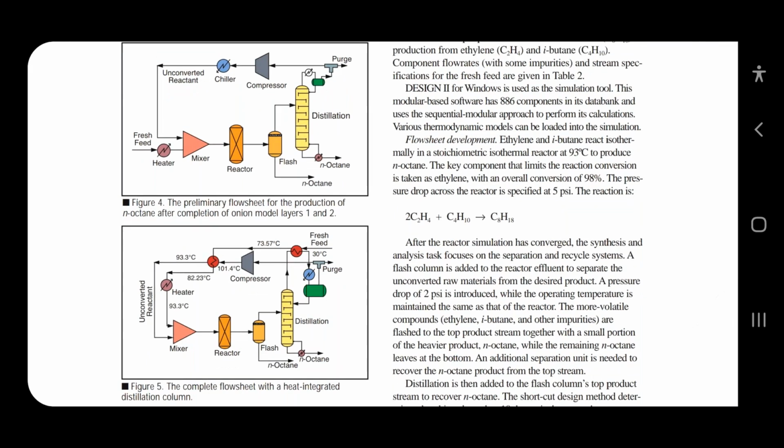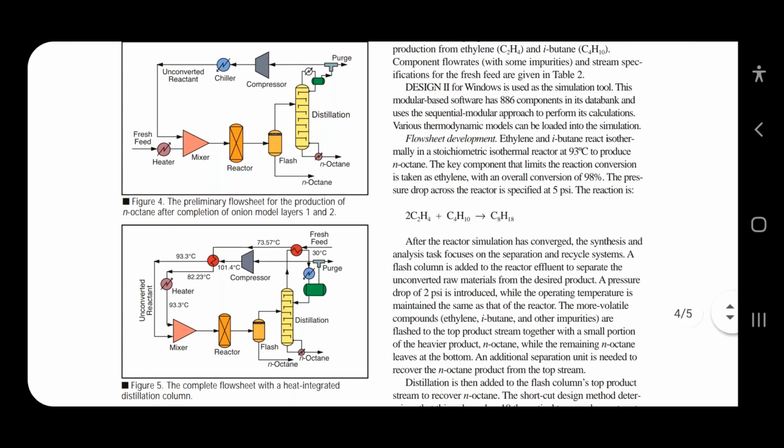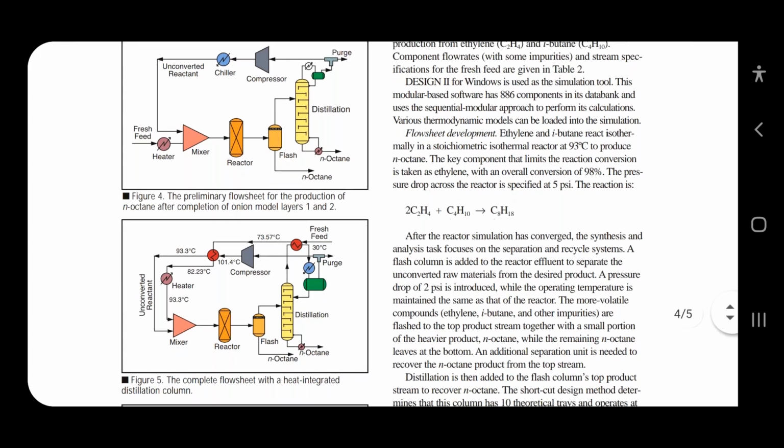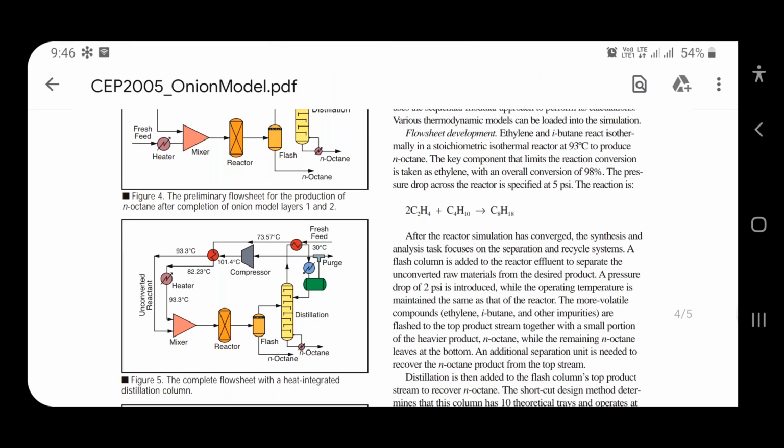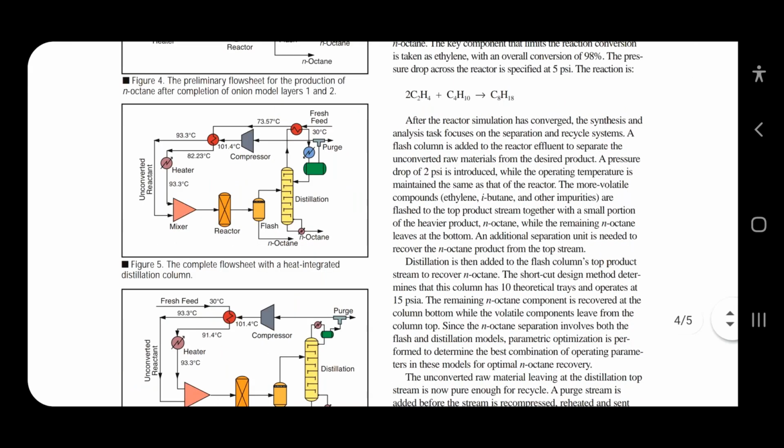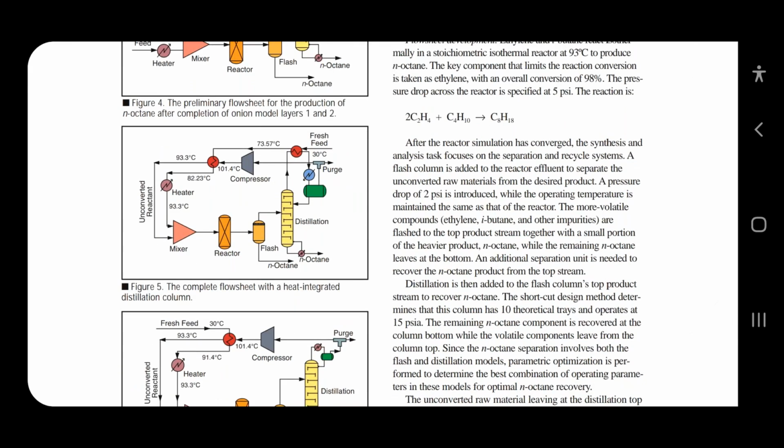Then again, once you have to reach 93.3 degrees Celsius, you have to use one heater over there. There is another exchanger there. A purge system is nothing but to remove the impurities. The purge system is used here to remove the impurities.